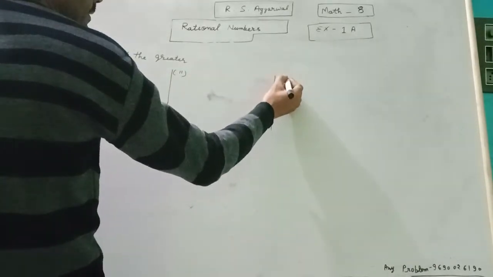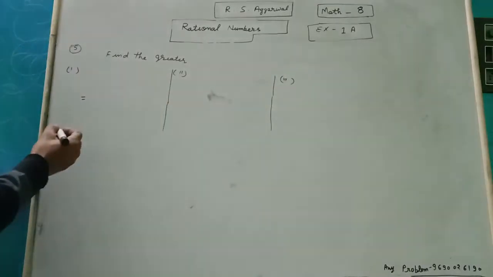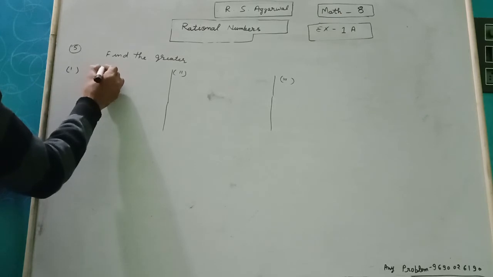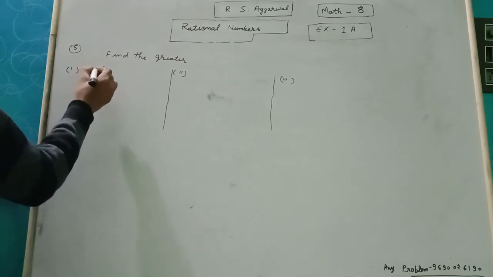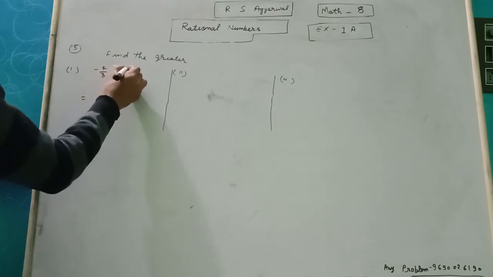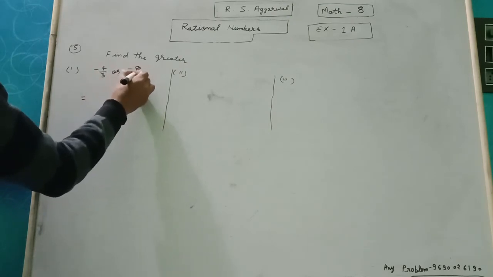First part is minus 4 upon 3 or minus 8 upon 7.